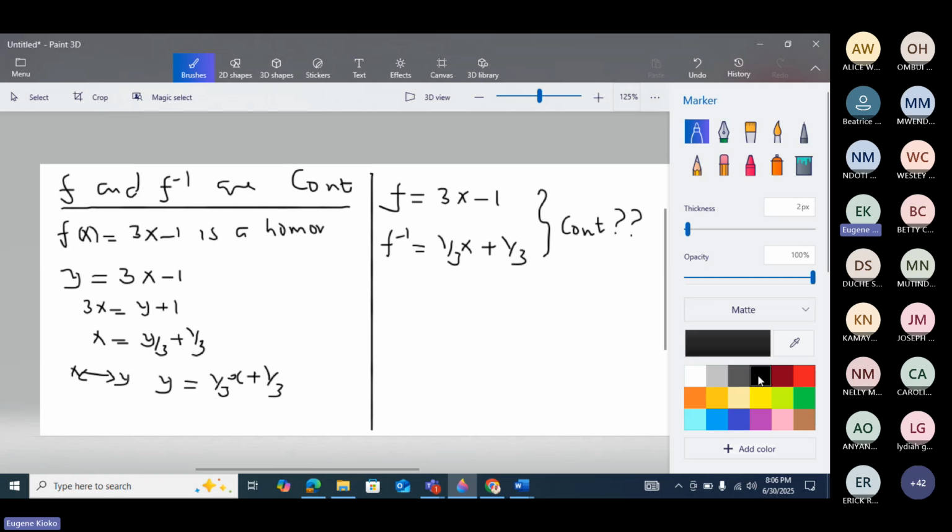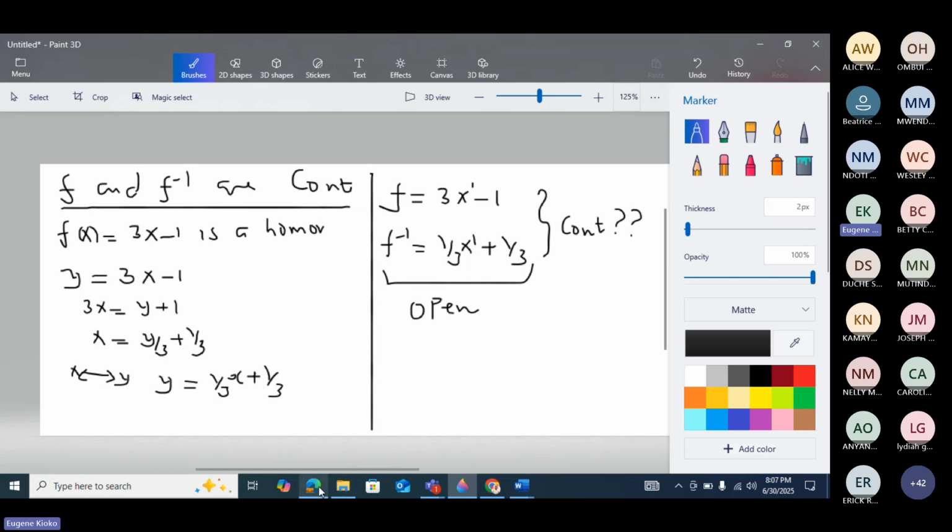So if the power is odd, you can see the power is 1, the power is 1. Therefore both of them are open. Both of them are open. Why? The power is odd.